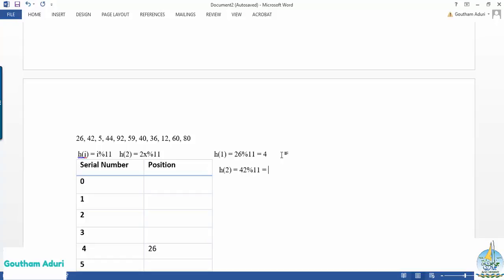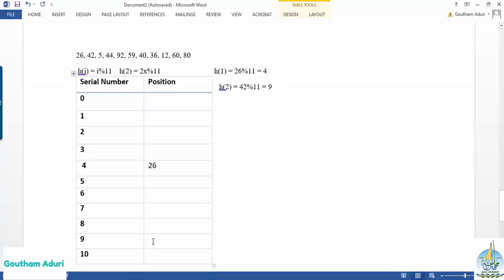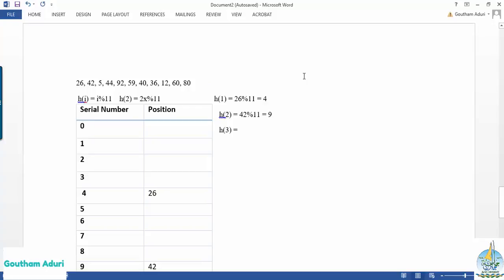So it's 11 3 is 33, 7 plus 2, 9. So it's going to be the 9th position, 42. And h of 3 is 5 mod 11. So it's going to be 5. Remainder is going to be 5.